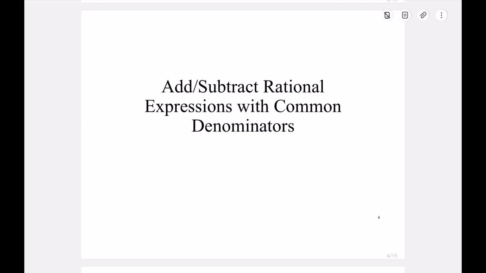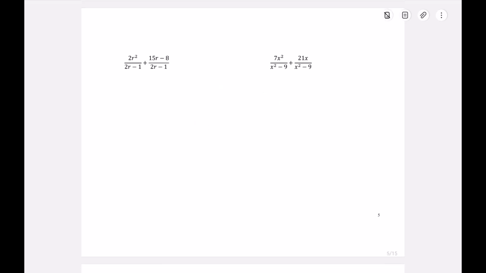So first, we're going to look at adding and subtracting rational expressions with common denominators. First, we're given 2r squared all over 2r minus 1 plus 15r minus 8 all over 2r minus 1. Since we're just adding them together, we can write it as 2r squared plus 15r minus 8 all over 2r minus 1.